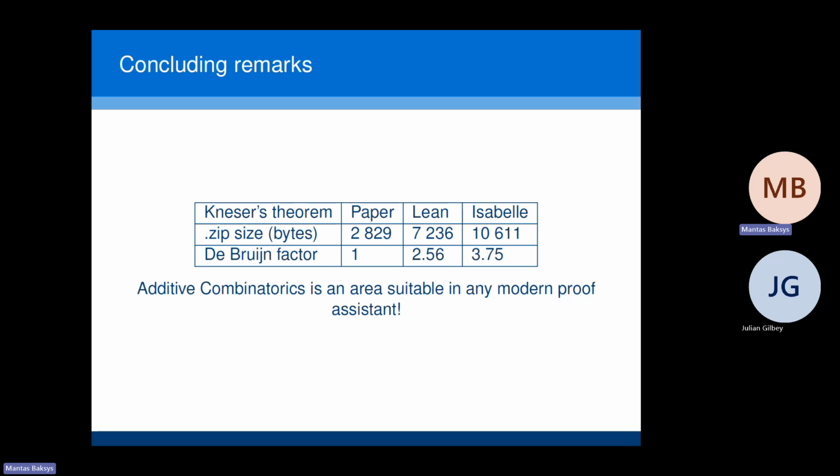And now to conclude, we also computed the Bron factors. Not to say that these are of any particular great scientific value, but comparing the compressed sizes of the proof of Kneser's theorem in Lean and Isabelle, they're quite low, which is quite surprising. The man hours spent formalizing the proofs and perhaps making the DevOps spent making the proof work probably are still a bit different.